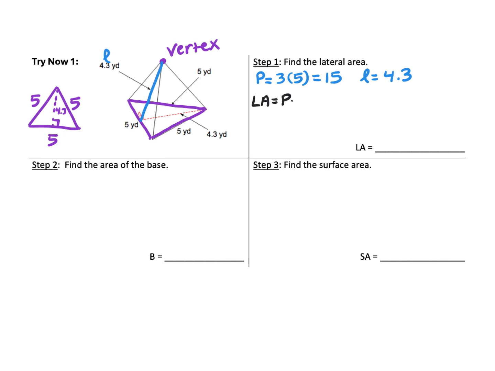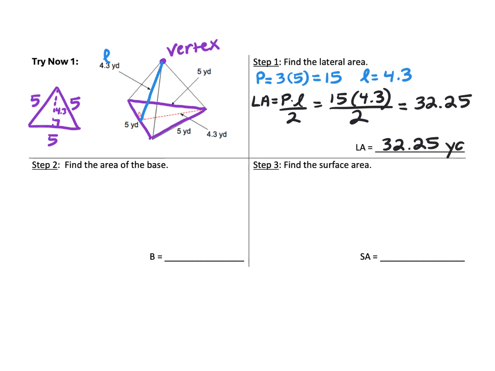P times L divided by 2. So take your calculator and do 15 times 4.3, hit enter, and then divide by 2. And don't do any rounding. When you do that, you are going to end up with 32.25. So that is our lateral area, 32.25 square yards.